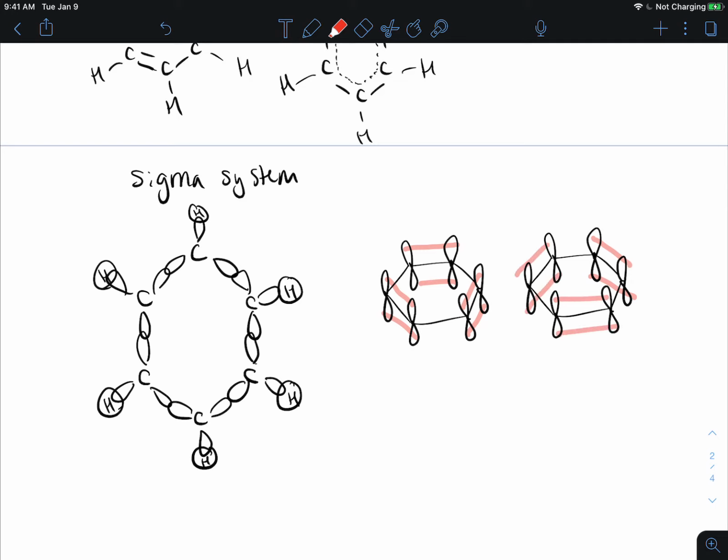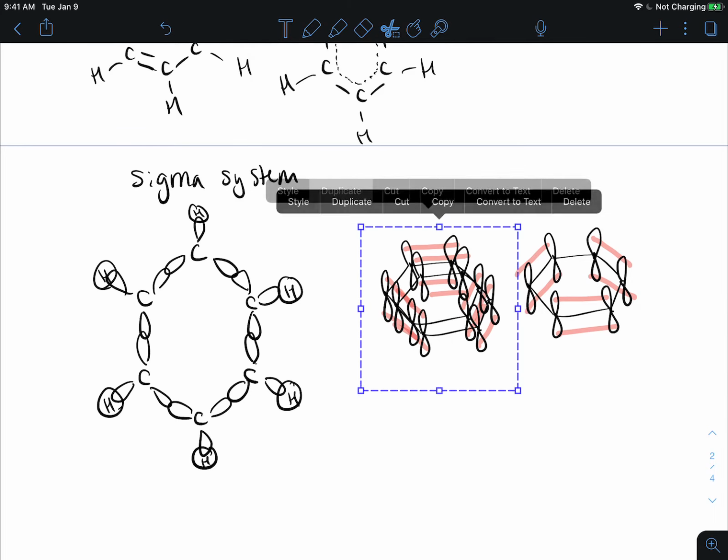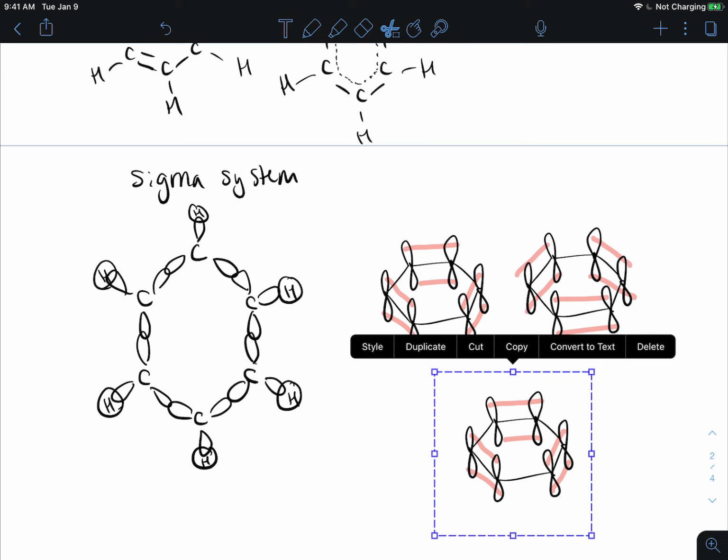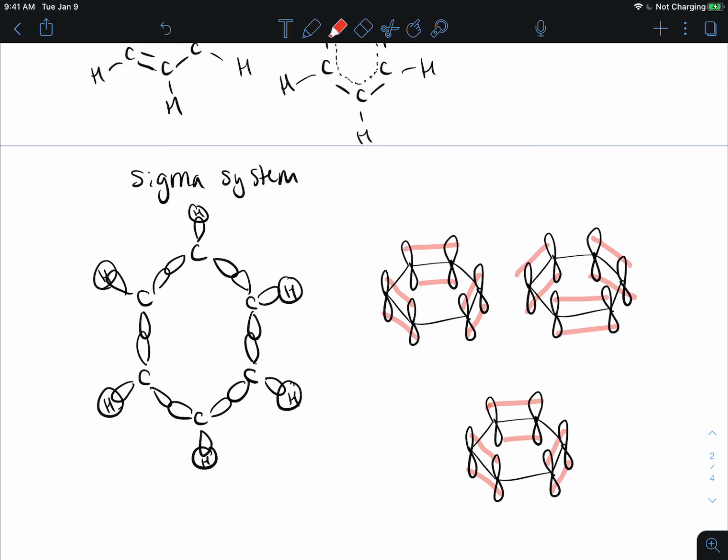But overall, what we actually get, again, because we have that hybrid, is just overall. So we are sharing that electron density all around, and this is our resonance. And we will see this with any type of structure that shows resonance.